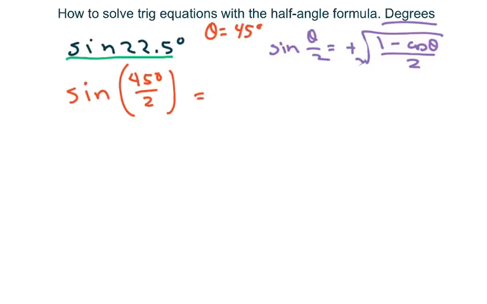All right, and then you just fill it in. It's positive because we're in quadrant 1. Our answer should be positive. So we have 1 minus cosine of 45 degrees divided by 2. Cosine of 45 degrees is square root of 2 over 2.